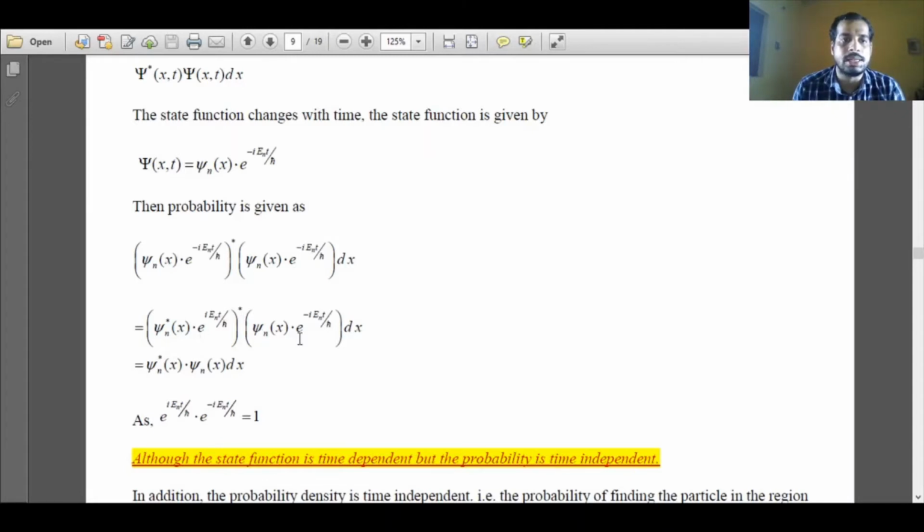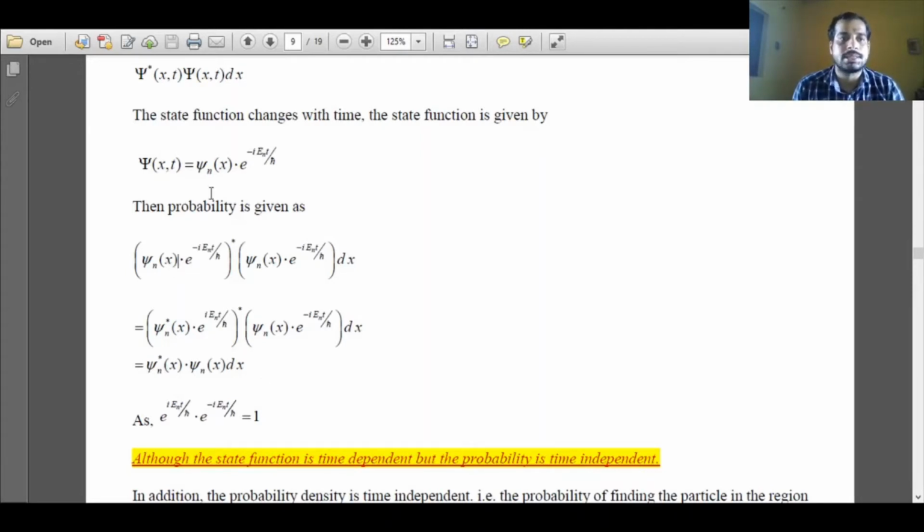So what I am left with is that the probability is psi star of x times psi of x dx, the product of the wave function and its complex conjugate, but this wave function is independent of time and depends only upon the position of the particle. That gives me the probability of the particle.